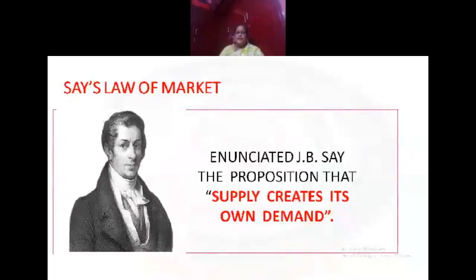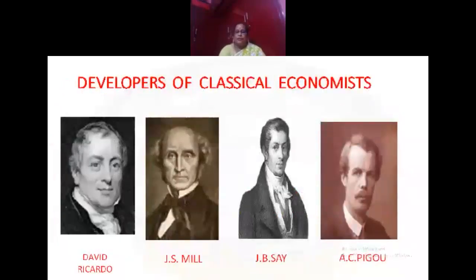He is a French economist and he is an industrialist. He was influenced by the writings of Adam Smith. Out of the four economists I have told, J.B. Say plays an important role in bringing out classism.